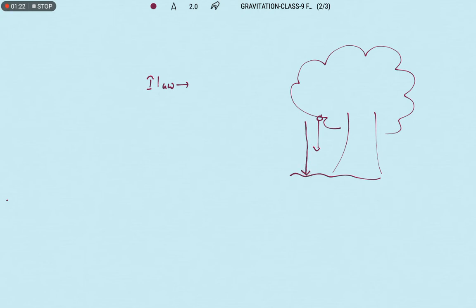That force is named as gravitational force, or he also named that force as force of gravity. So what is meant by force of gravity? Gravity means attraction. So attraction between the objects is known to be gravity.